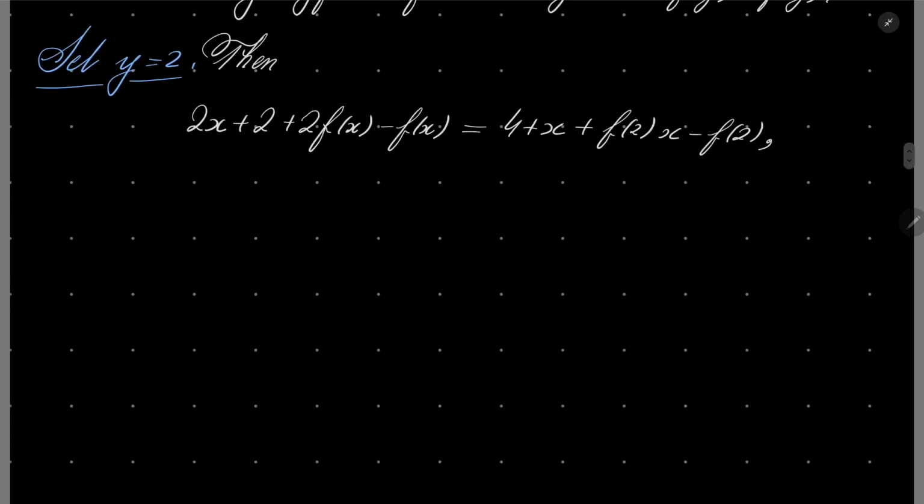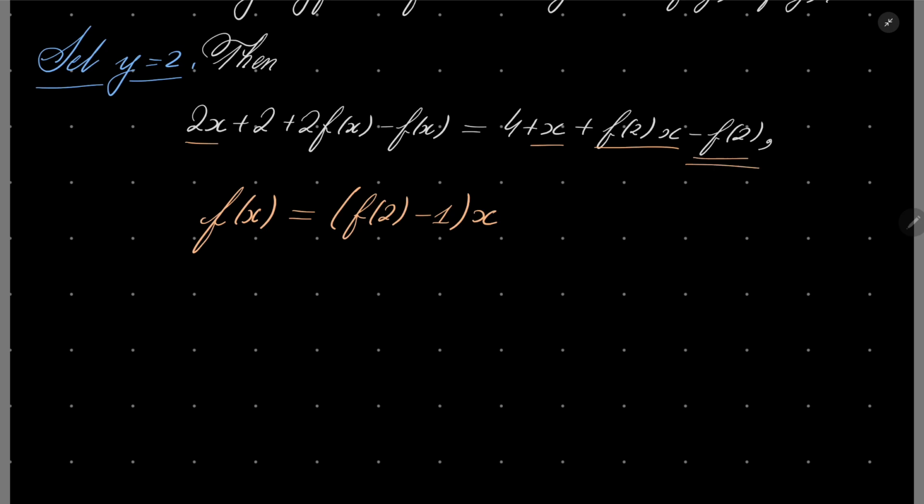And now on the left-hand side we will have f of x, and let's put everything else on the right-hand side. We have f of 2 times x plus x minus 2 times x. So it's f of 2 minus 1 times x, and here we have minus f of 2 minus 2. So it's minus f of 2.